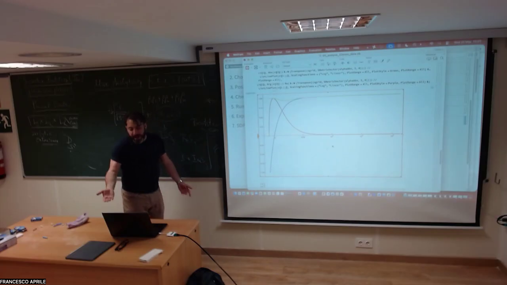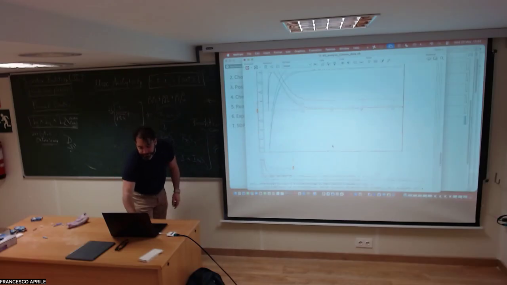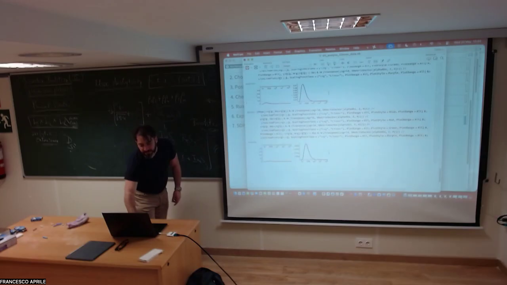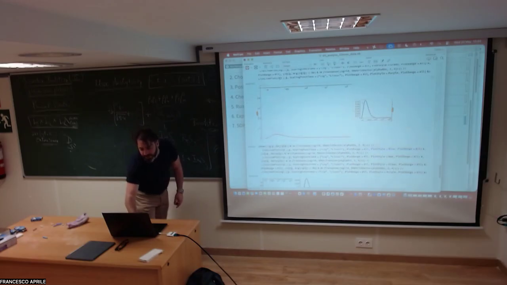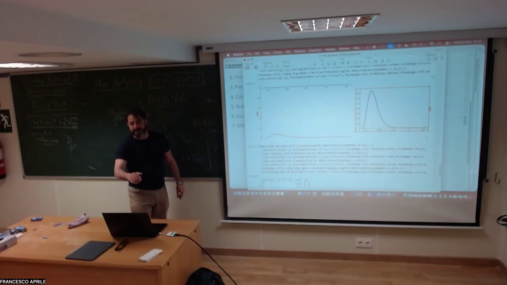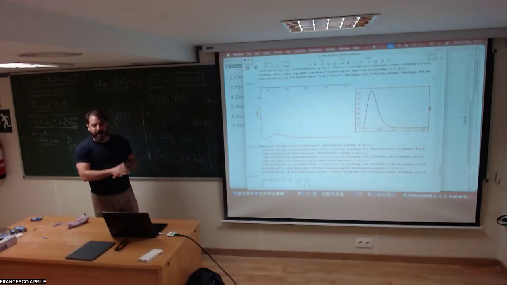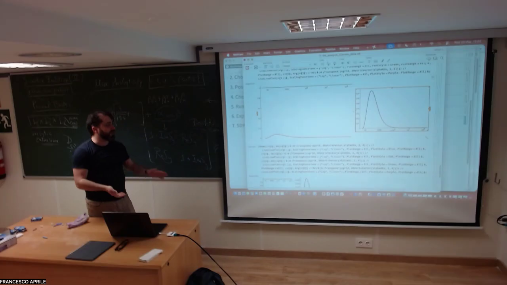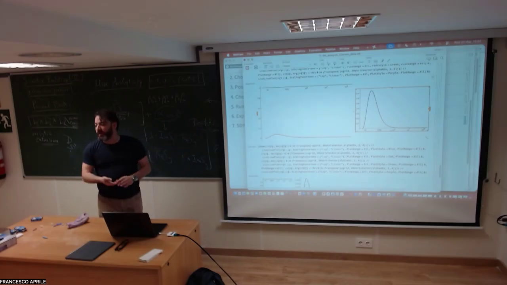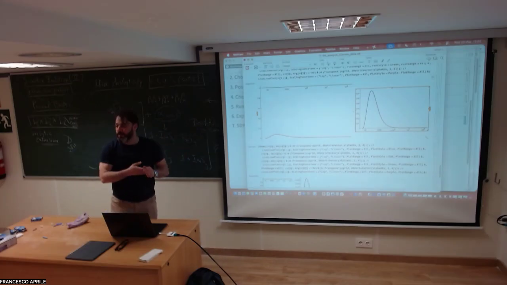This is the imaginary part for this problem. This is the phase shift, if you want. Then you can plot the higher spins; you see they are boring. And then next time we will study these amplitudes and understand how to extract physics from these things. But this is how it works.